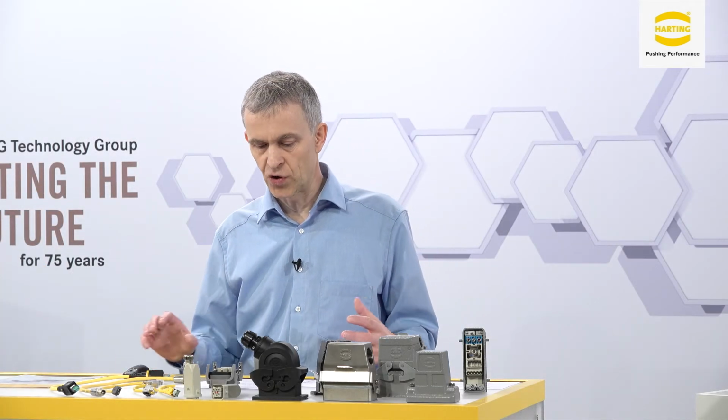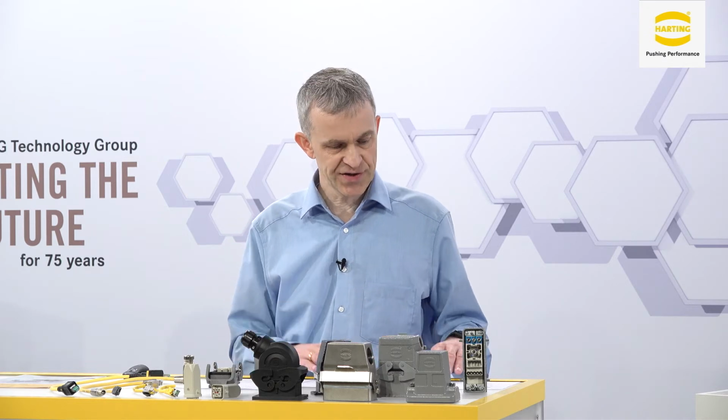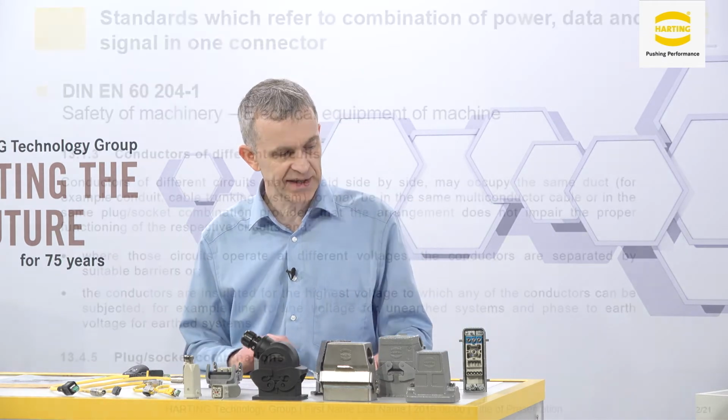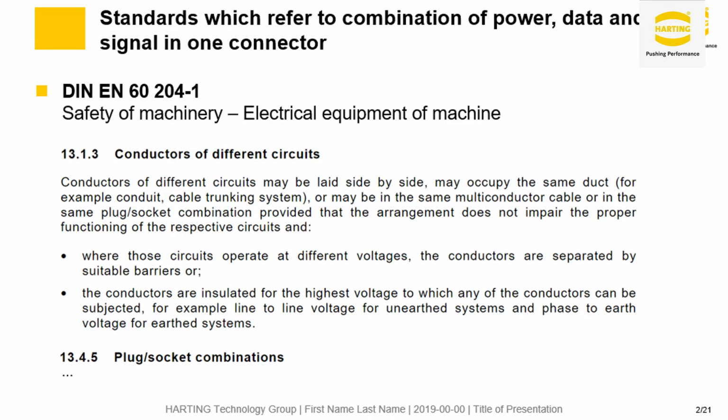And if you take a more detailed look at the standards which refer to the combination of power, data, and signal, it is the DIN EN 60204-1. This is the most important spec for nearly all machine builders, safety of machinery.